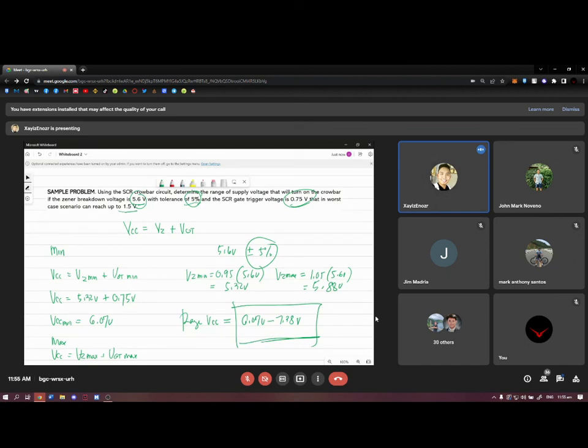Bakit 0.95? Kasi minus 5%, yun yung minimum. E di 100% minus 5, e di 0.95 or 95%. And ito, yung maximum swing naman niya, kasi nga tolerance 5% is 100% plus 5%. That is 105% or 1.05. Nagets ba? Okay po, thank you po.